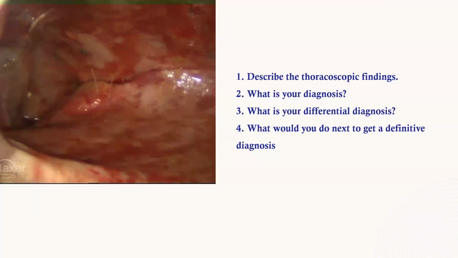It's plaques, white plaques. Would you call them plaques, or what are they called? Vinod? Plaques. Nitya? Sir, deposits over the pleural surface. You can call these, I think, deposits.